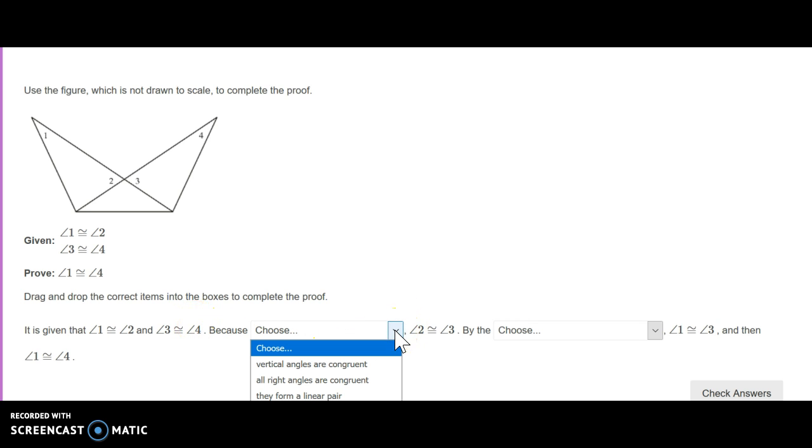And let's see what our options are. Why can we say that angle 2 is congruent to angle 3? Well, they make that X, which are vertical angles, which we actually just proved vertical angles are congruent. And then we can see that angle 1 is congruent to angle 3.